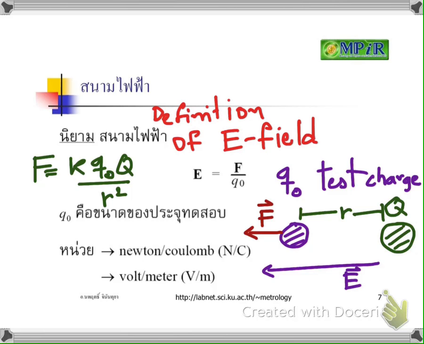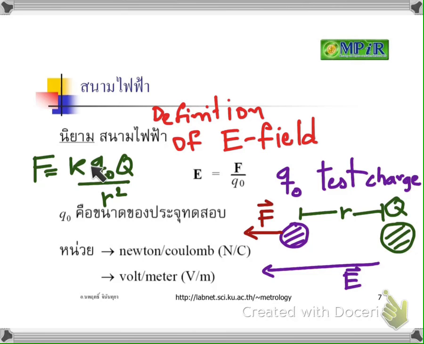In this case, if I fix the big Q here, it means that this electric field should be the same. It should not depend on the value of Q0, right? Because this is the electric field from the big Q. But the force depends on Q0 from the Coulomb law.